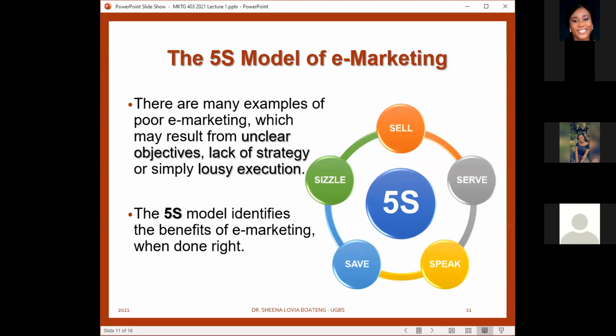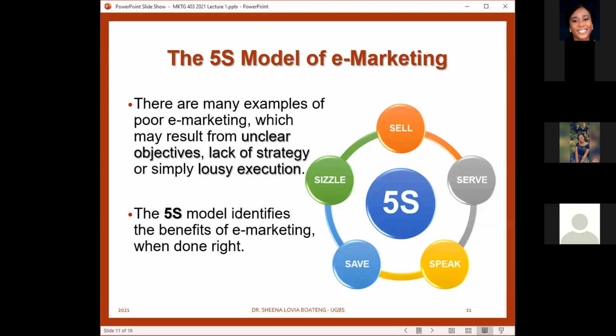So it is not enough to understand e-marketing. You need to have clear objectives, have a good strategy, and execute this strategy properly. And once you are able to do so, there are certain benefits that you stand to gain as an e-marketer from the proper utilization of these internet-enabled and non-internet-enabled technologies in marketing your firm's brand, products, or services.